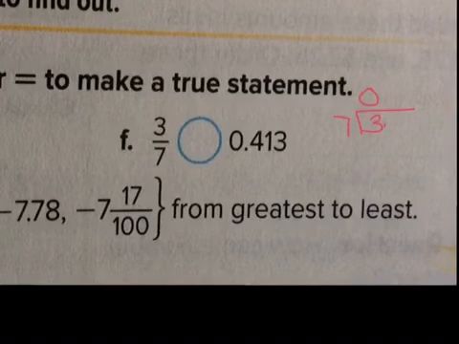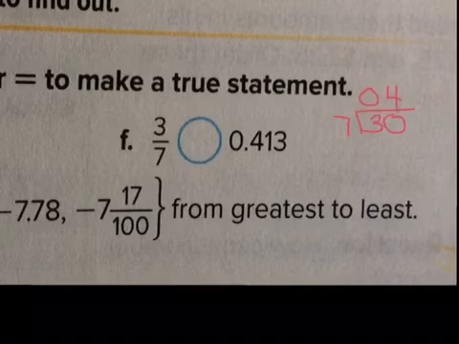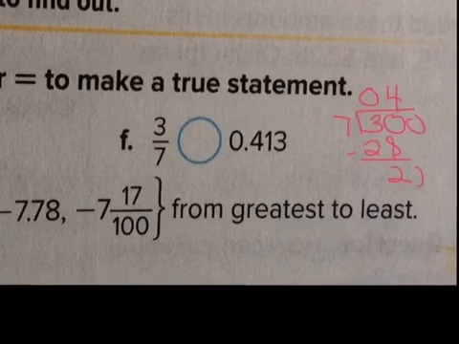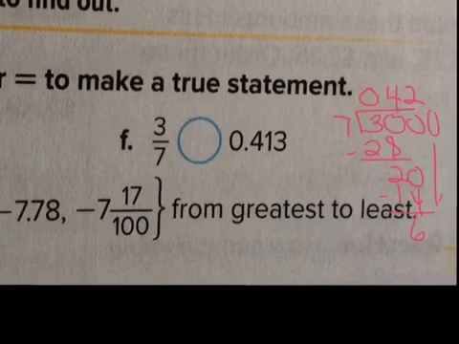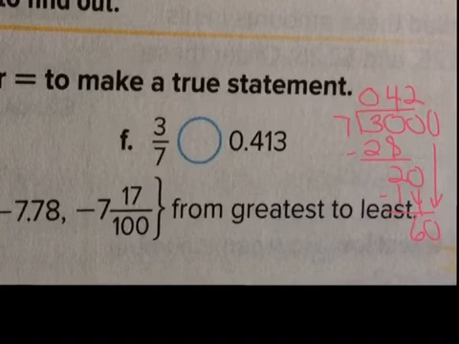I hope you tried this on the side as I'm doing now. There are no 7s in 3. How many 7s are there in 30? I know there's 4. Gives me 28. Subtract, I have another 2. I bring down a 0. Now I have 20. 7 times 2 gives me 14. I have 6. Bring another 0 down. Right? And now 7 times 8 is 56.